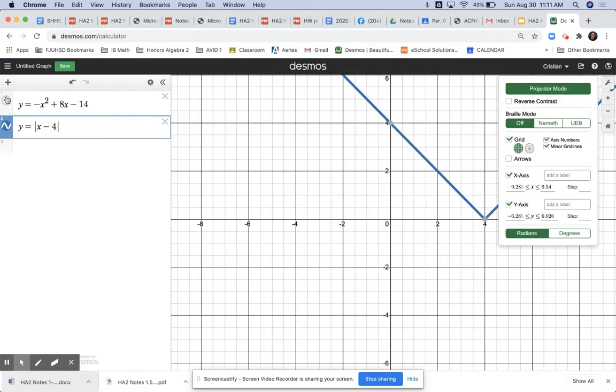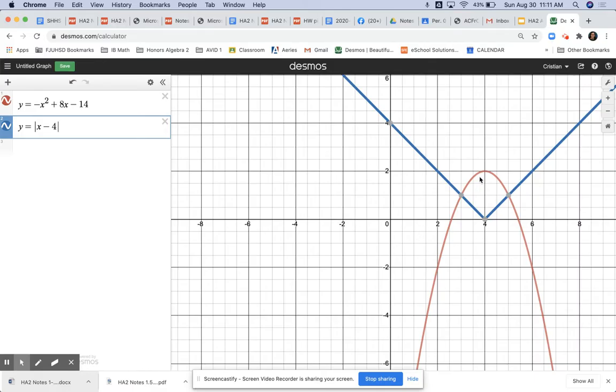And now I'm going to go ahead and graph this parabola. So I want to make sure that I'm sketching it because it's not a multiple choice. So it's going to go through 4, 2. And then it's going to have intersection points at 3, 1 and 5, 1.